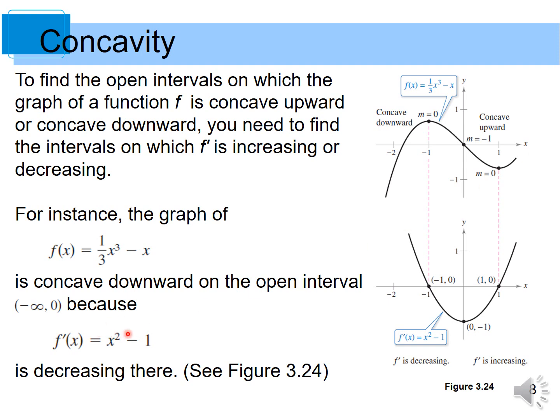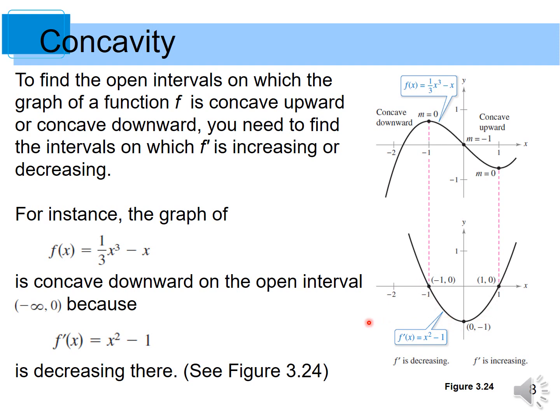This is because for the curve of f prime x, we differentiate the original function to get the first derivative function, and we get x squared minus 1. This is a quadratic, a new function.